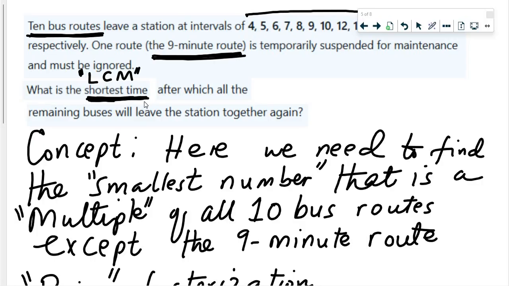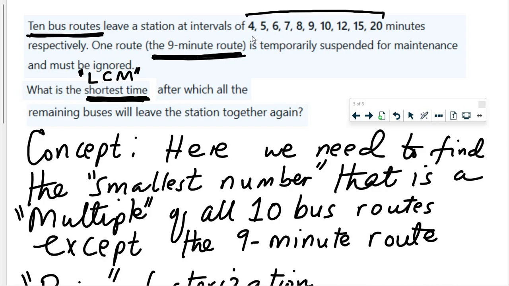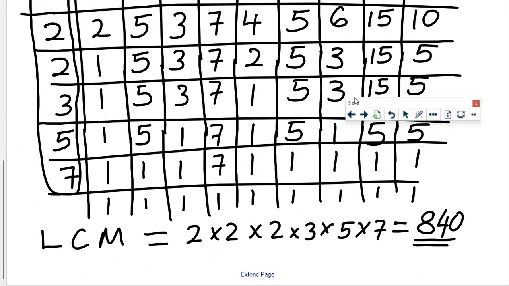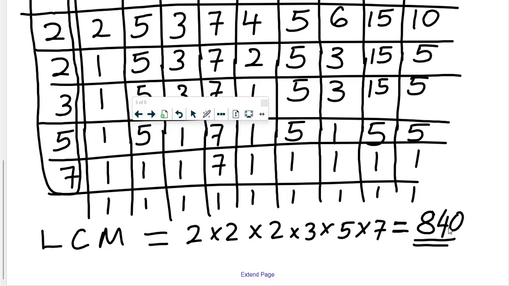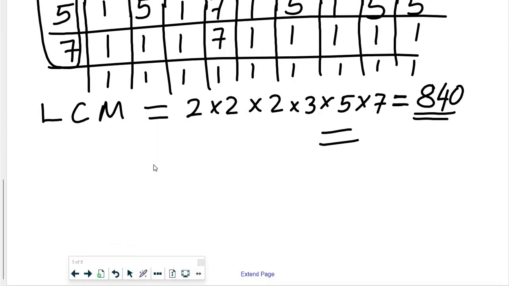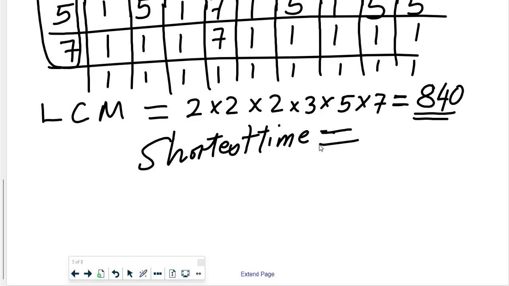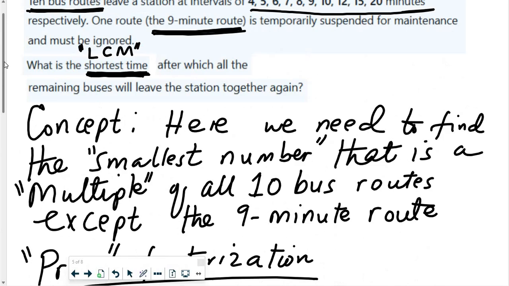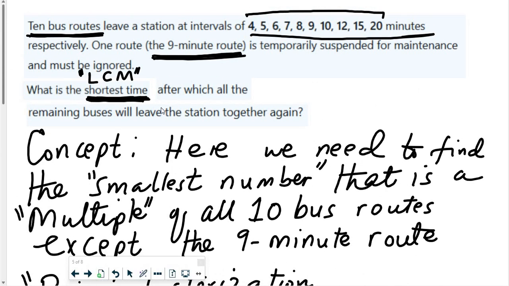So 840, but what is the question asking for? What is the shortest time? All the timings are given in minutes. The question is: what is the shortest time after which all the remaining buses will leave the station together?